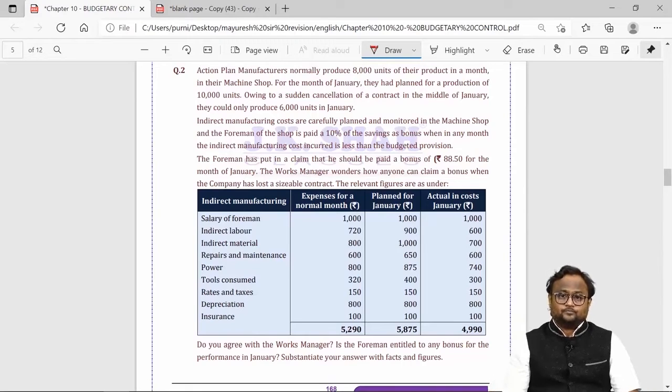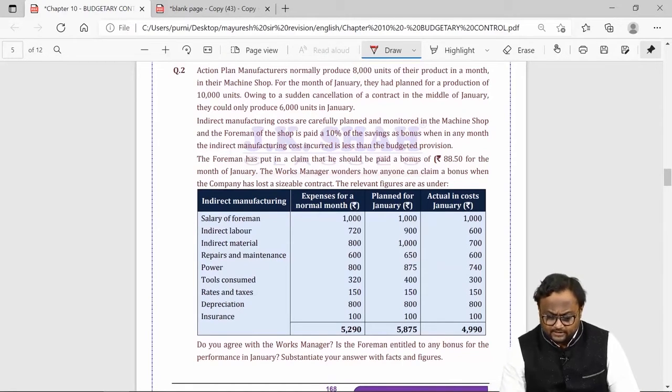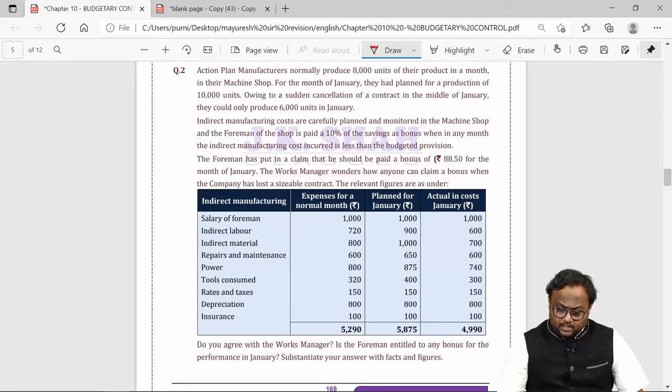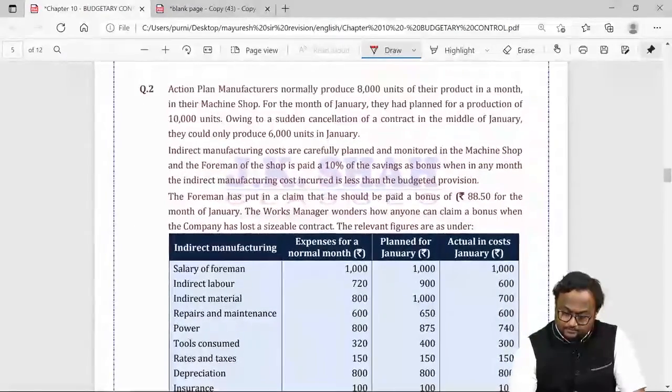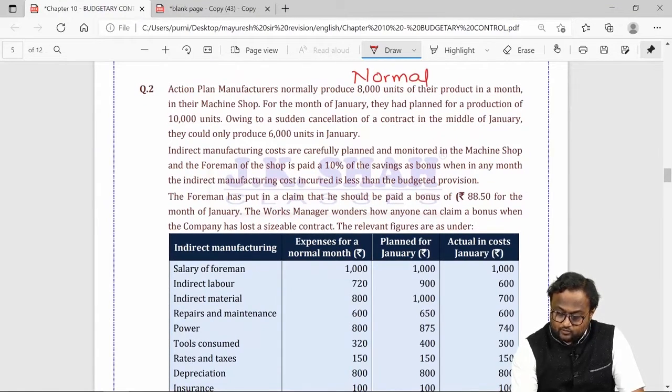Question number 2 was also similar to all these things. In question number 2, they clearly said normally they produce 8,000, so 8,000 was your normal production, and this whole data was for 8,000.